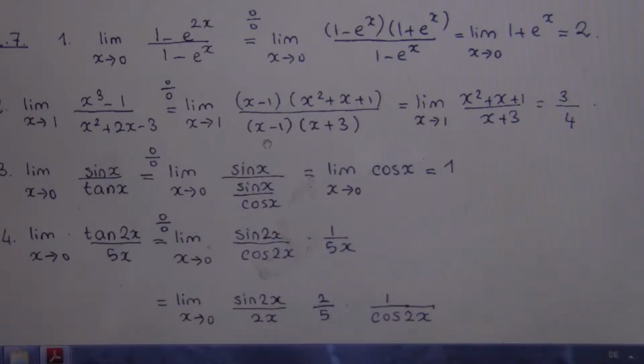Sine of A divided by tan of A. And if I try B, alright, I see the problem.